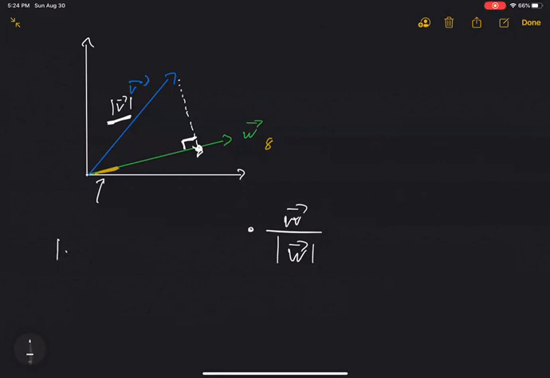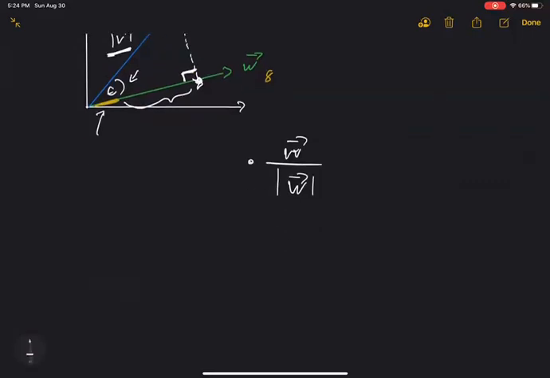So if I multiply V by this angle here, that should give me that length, okay? But what is this angle here? Remember, that angle is related to my dot product, right? I have V dot W equals magnitude V, magnitude W cosine theta.